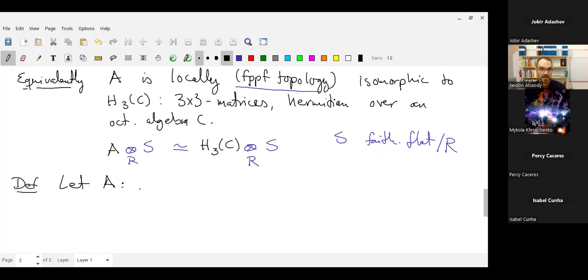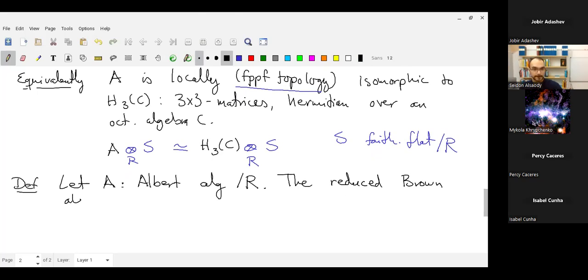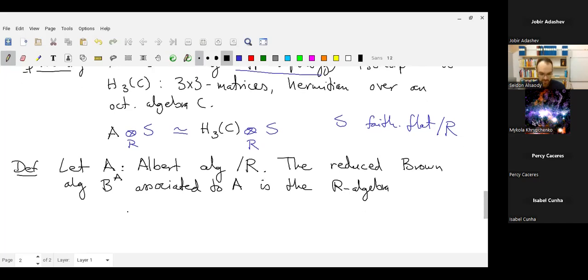Take A, an Albert algebra over R. The reduced Brown algebra B(A) associated to A is the R-algebra, so an R-module with multiplication.